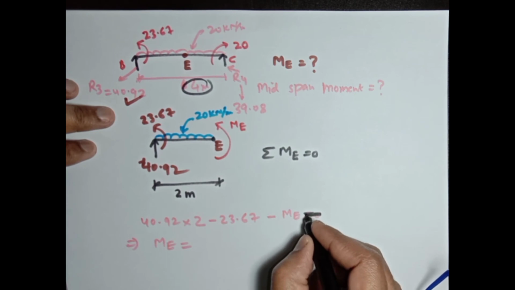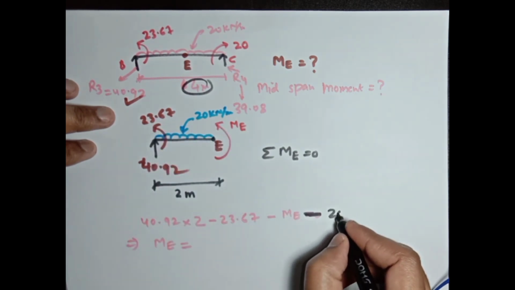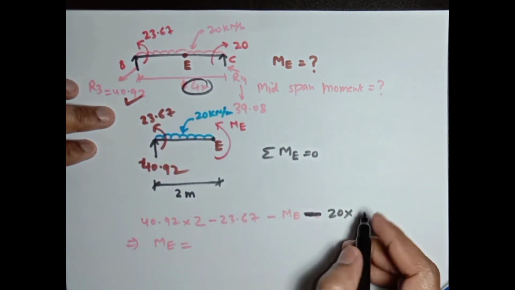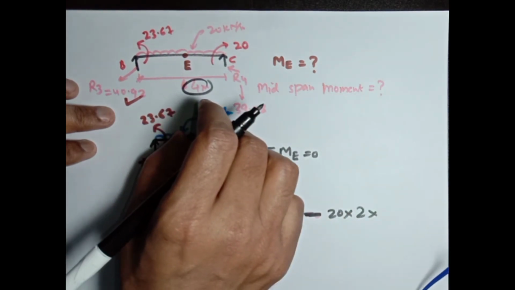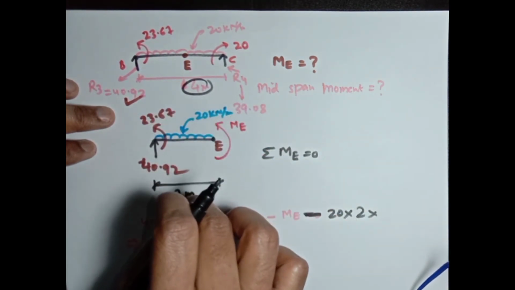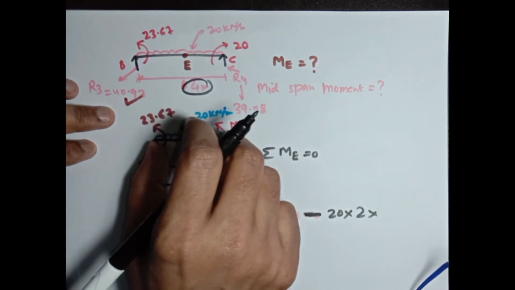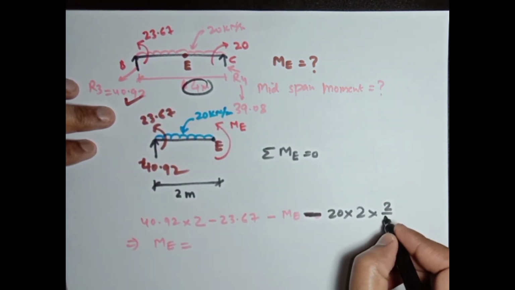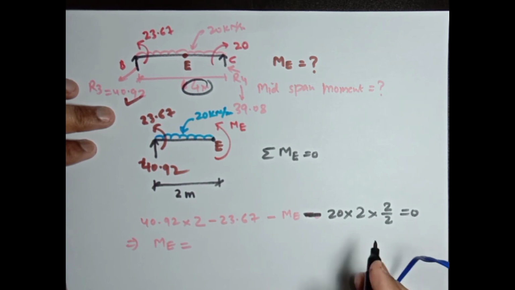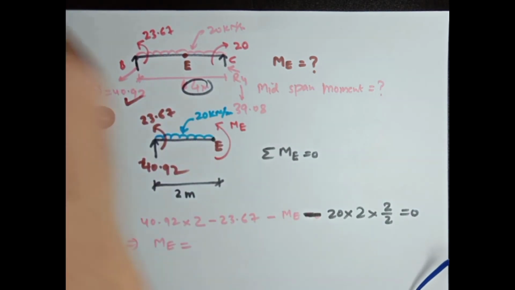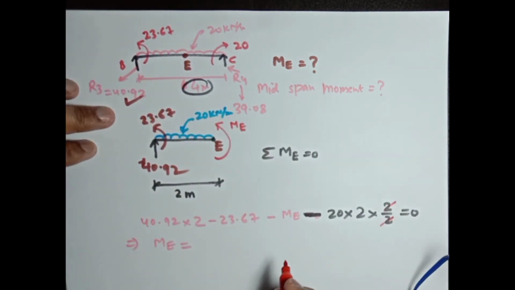So here we will be writing 20 multiplying with length 2, and this total load will be acting at the center of this length 2. So 2 divided by 2, then it will be 1. Now it will get cancelled here.